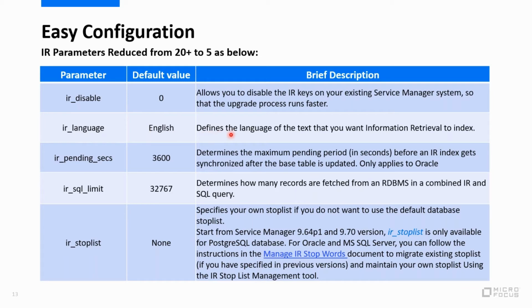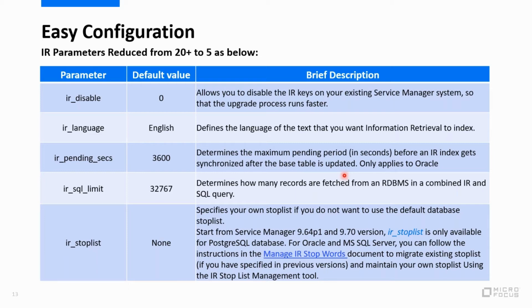It defines the language of the text that you want information retrieval to index. IR pending second: this parameter only applies to the Oracle database. This determines the maximum pending period before an IR index gets synchronized after a base table is updated.